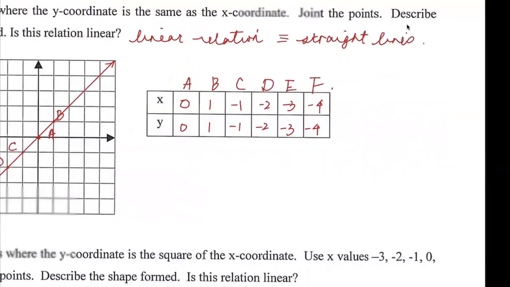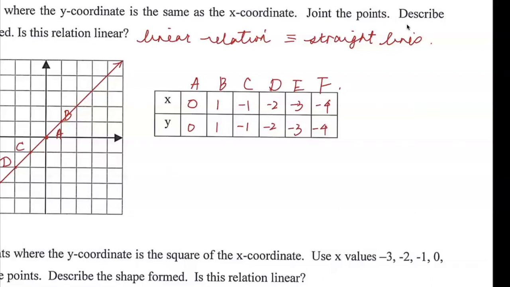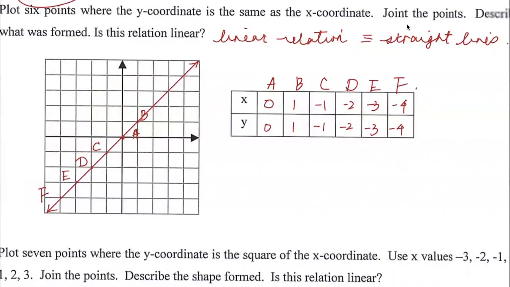Linear relation, linear expression, linear equation, whatever name we call it, this is the algebraic presentation of straight lines. And straight lines are the geometric presentation of linear relation. That means if we see a straight line, whatever expression represents it has to be linear. If we see a linear relation, its visual presentation must be a straight line.